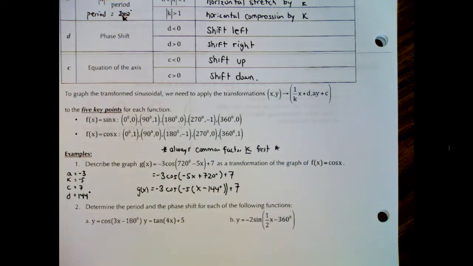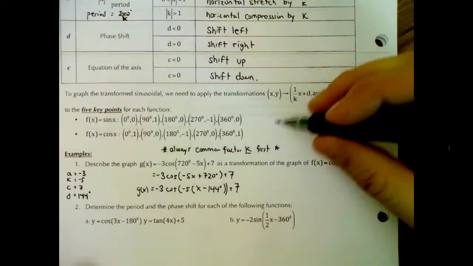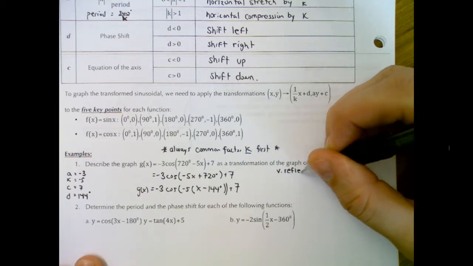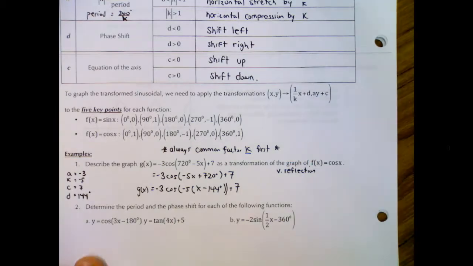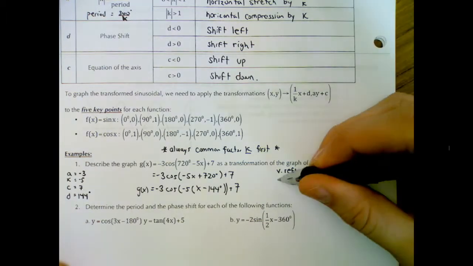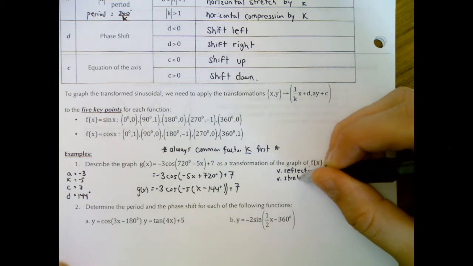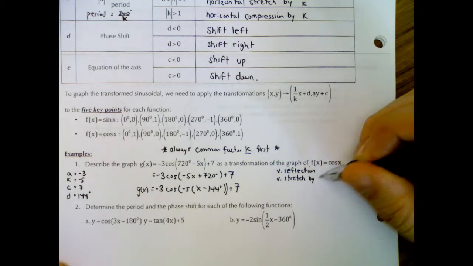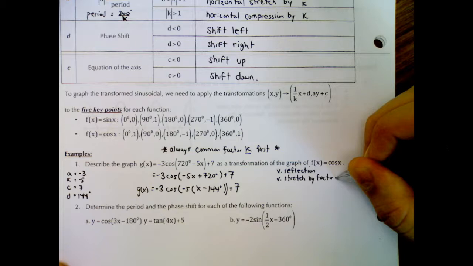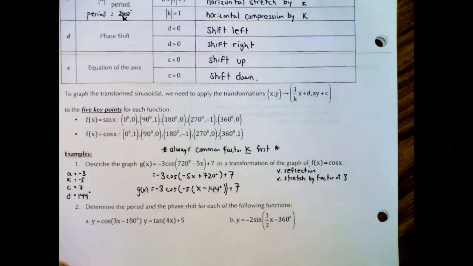And from the A, K, C, and D, we should be able to describe those transformations. So we'll start with A. A is negative 3. So we have a vertical reflection, or you can say reflection over the x-axis. Since A is 3, that's a vertical stretch by a factor of 3.